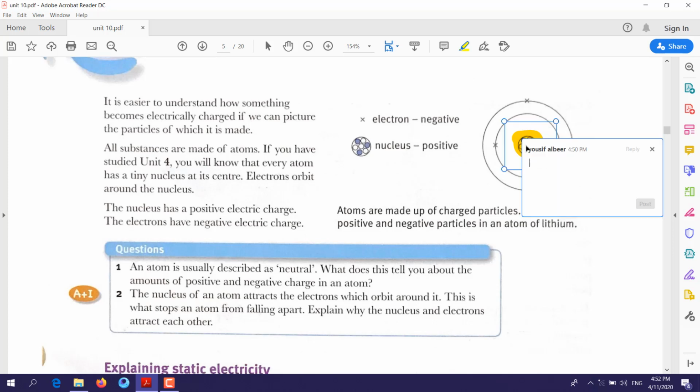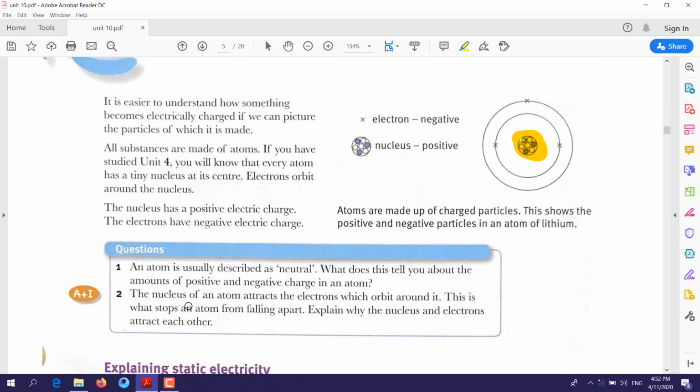It's like in math, let's say positive 3 minus 3. What will be the answer? It will be 0. They are canceling each other.